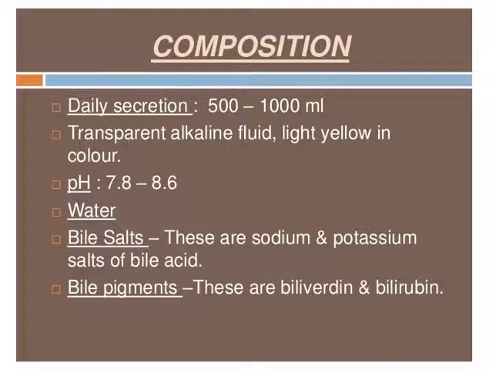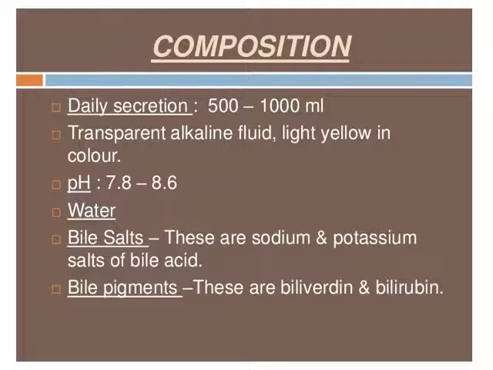Now just a brief idea about the gallbladder bile. The daily secretion is 500 to 1000 ml, a transparent alkaline fluid, light yellow in color, pH is 7.8 to 8.6, consistency is watery. Bile salts and bile pigments are the constituents of the bile.